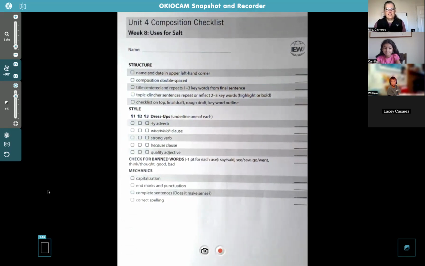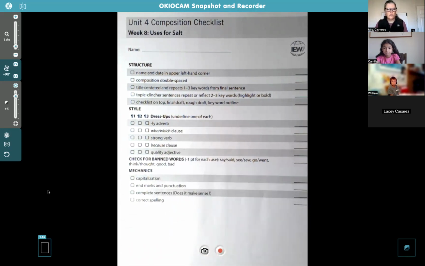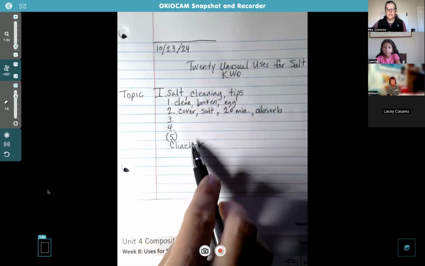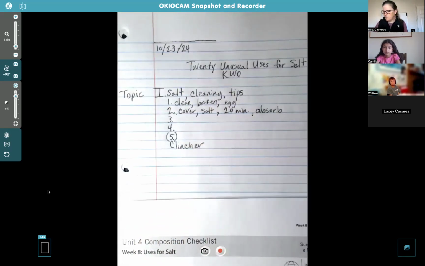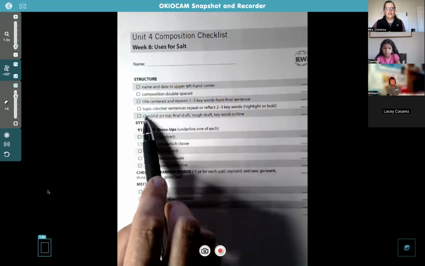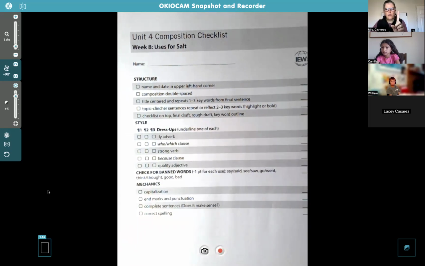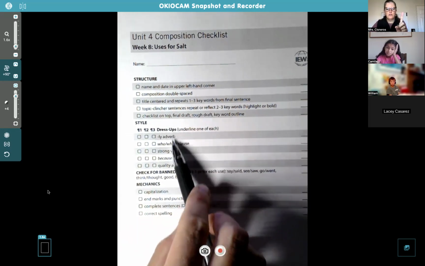So you might need to add extra sentences to your paragraph so that you have a spot to put these things, okay? It's okay to add more sentences to your paragraph. You're going to make sure to use this, but then you can add more if you need to make sure you have all of your dress ups in there. And then don't forget the topic clincher right here. So you're only writing one paragraph, but you got to make sure to include all this stuff.